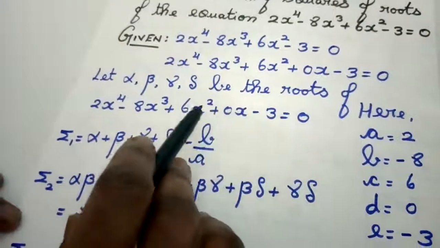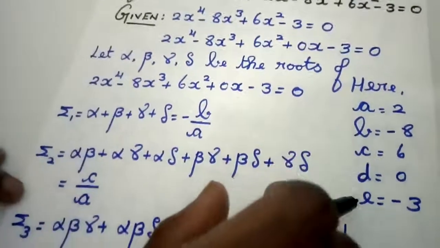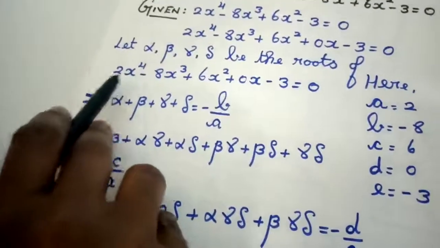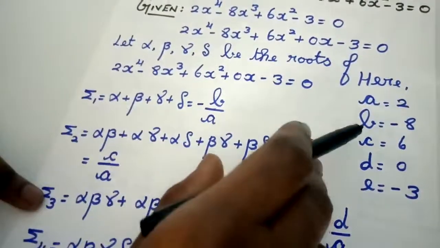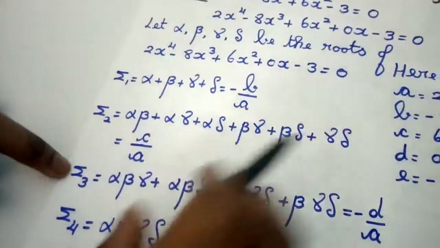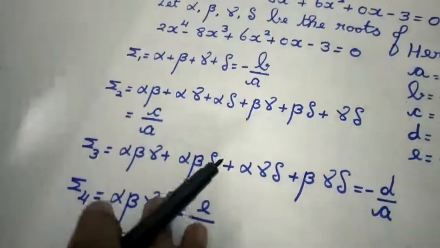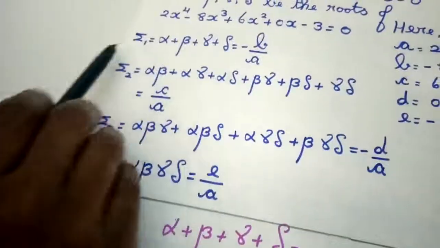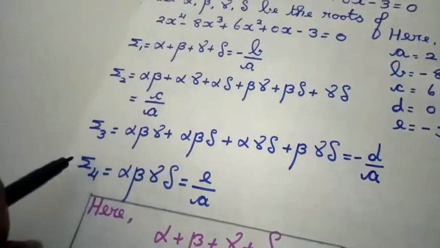I am just going to take the values of a, b, c, d and e. That is, the coefficient of x to the power 4 is a, b is minus 8, c is 6, d is 0, e is minus 3. So what is the procedure we told for finding degree 4, students? That is summation 1, summation 2, summation 3, summation 4.